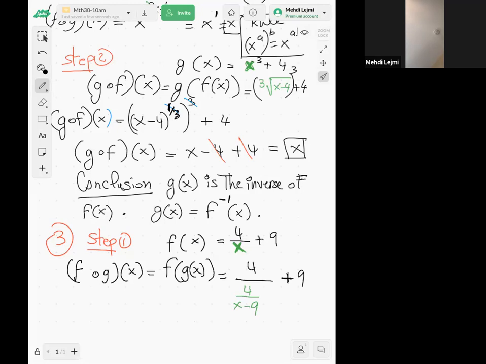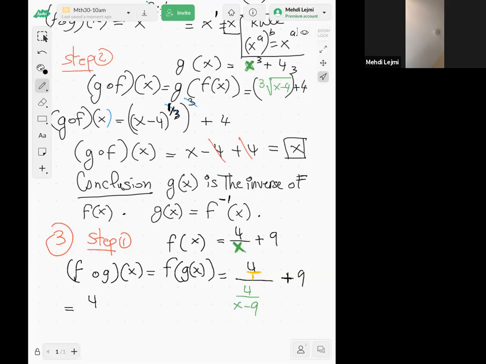Anyway, so first I have this 4 over x minus 9. This is division of fractions. The 4 in the top, I can make it look like a fraction by dividing by 1. So 4 over 1, of course, is just 4. It doesn't change anything. So this is division of 2 fractions, and all you have to do now is flip the denominator.